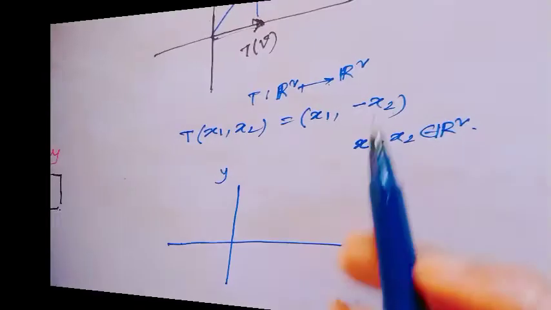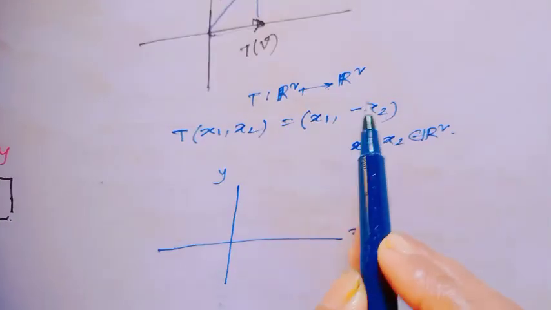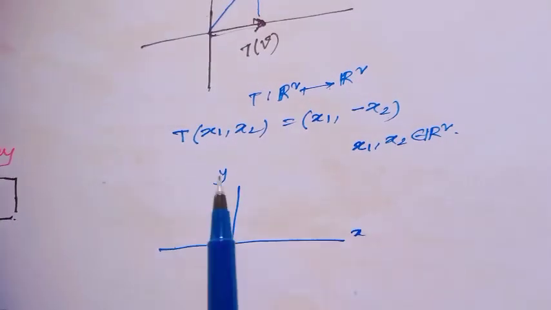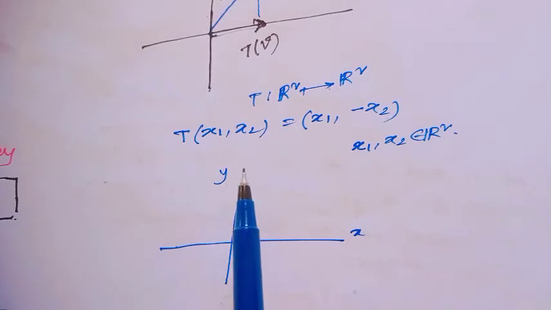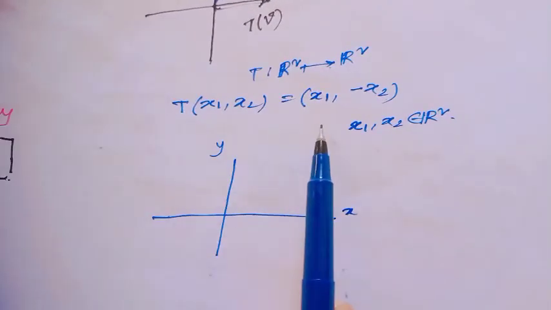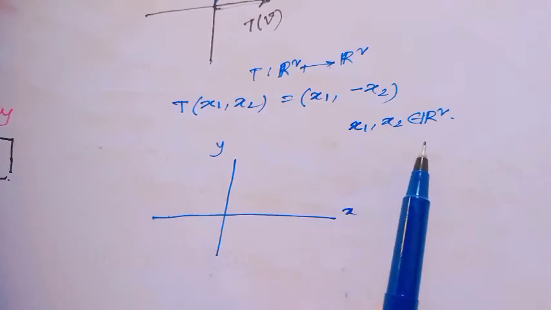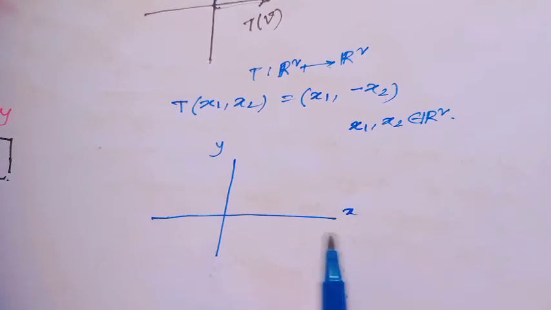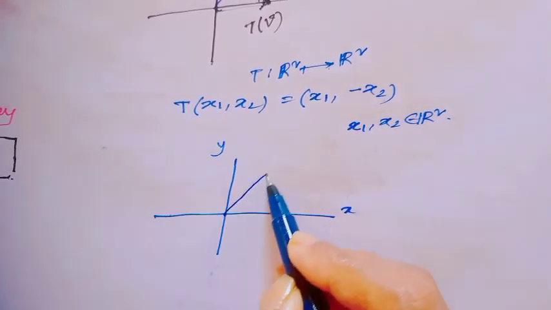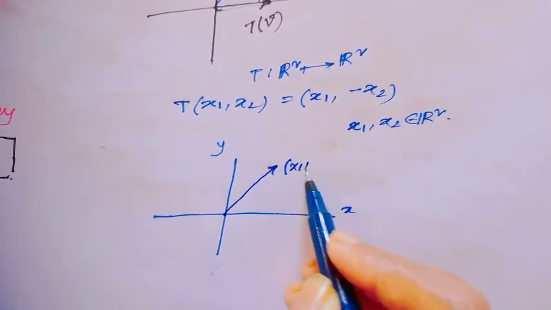Okay, another example, T is a mapping from R2 to R2 and the mapping is defined as T of x1, x2 equal to x1, minus x2, where x1, x2 belongs to R2. This is actually the reflection. Consider this vector x1, x2.